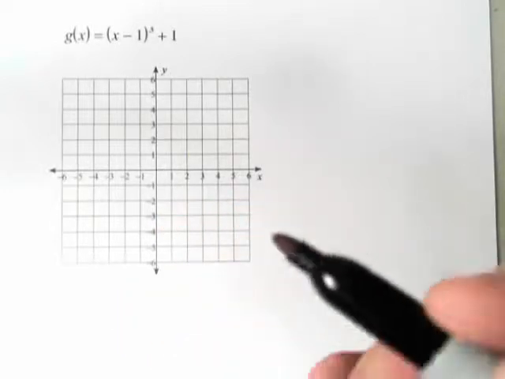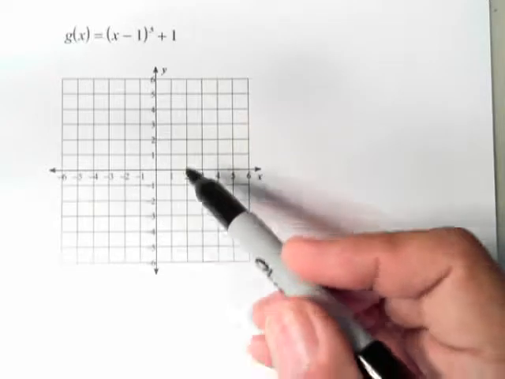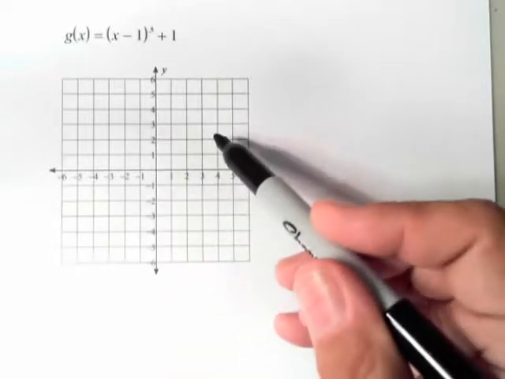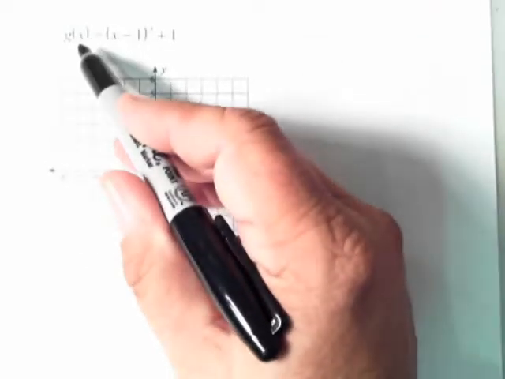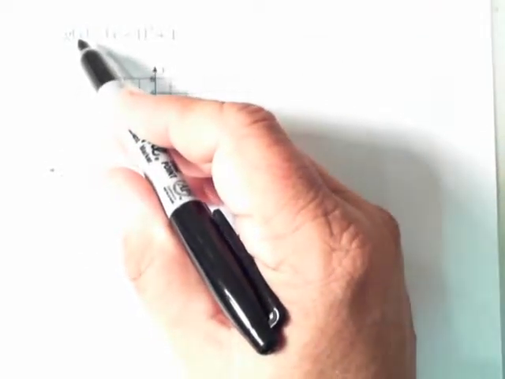Okay, here's another example. And this is a case again where we're not given the original graph. We have to make it ourselves, so that's not impossible to do, just a little extra work. So g of x equals the quantity x minus 1 cubed plus 1.